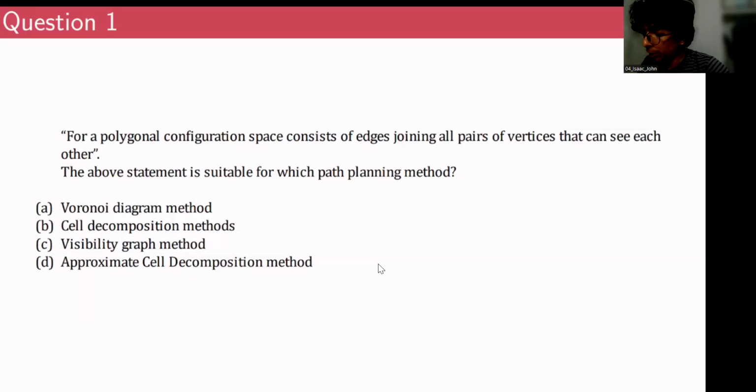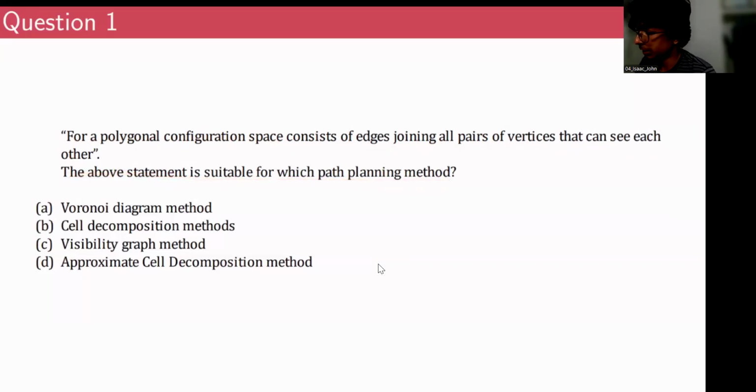Okay, so the polynomial configuration space consists of edges joining all pairs of vertices that can see each other. The above statement is suitable for which path planning method?